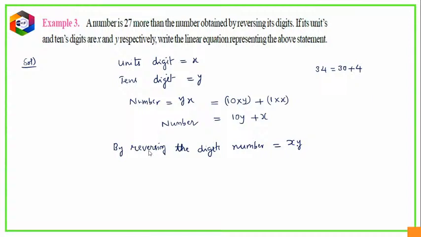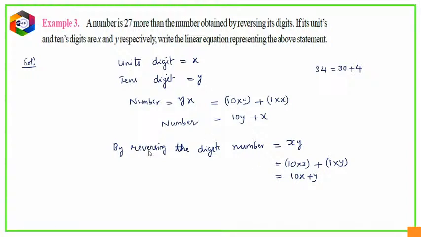So x is in the tens place, so 10 into x, plus y is in the ones place, so 1 into y, which equals 10x plus y. So the number is 10y plus x, and by reversing the digits, the number will be 10x plus y.